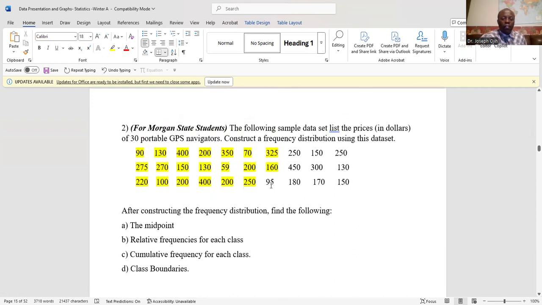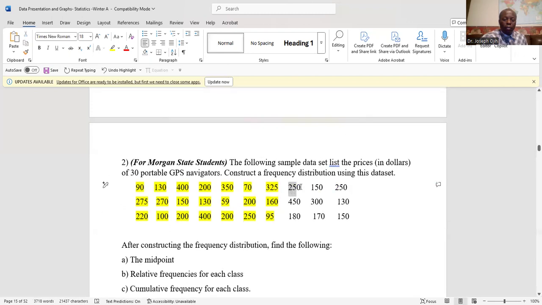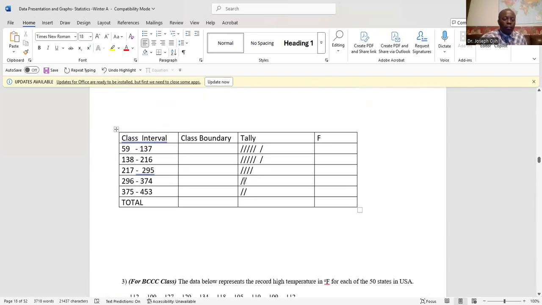We're going to have 95 and 250. 95 will be under this one, okay? 250 will be under this one here.